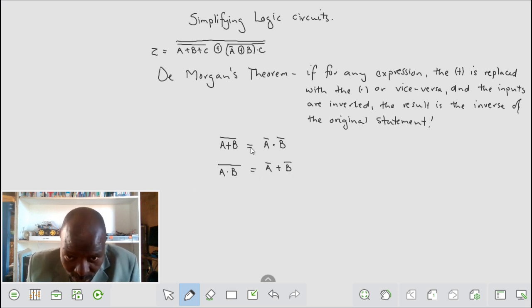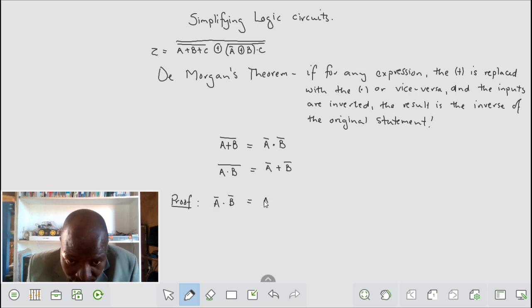Let's prove these two. Let's say A, B, and we say not. There are many ways to prove it. I could use the truth table. What are we going to do here?